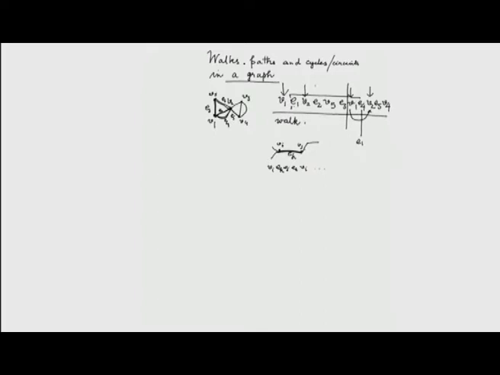I do not want such a thing, therefore, in our walks we will not get edges repeated. We can also do away with repetition of vertices, but for the time being we are not going to do that, and we will introduce a different terminology for the walks where vertices are also not repeated. But now let us write the definition of walk in a formal way.